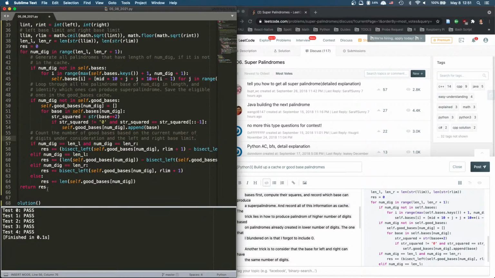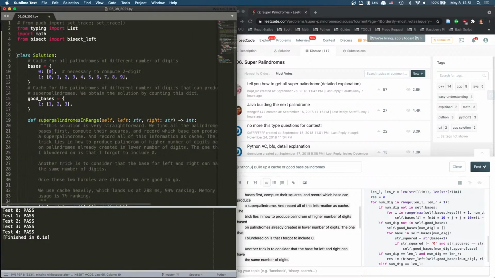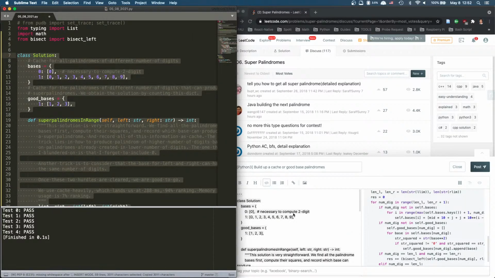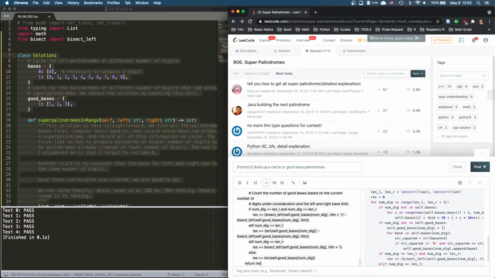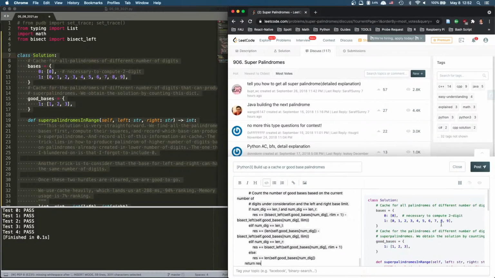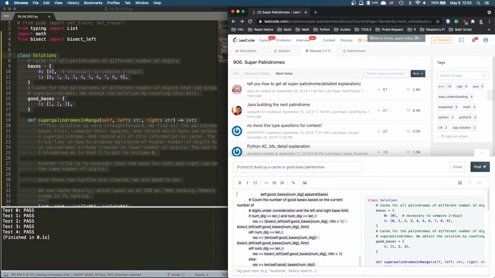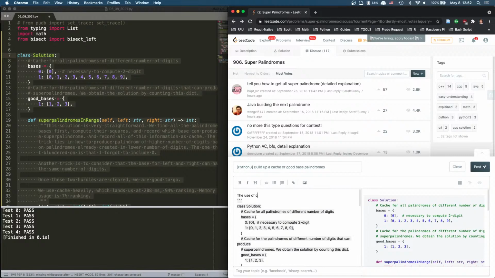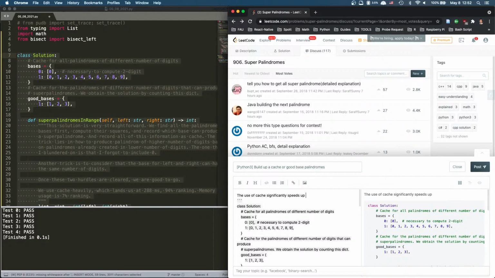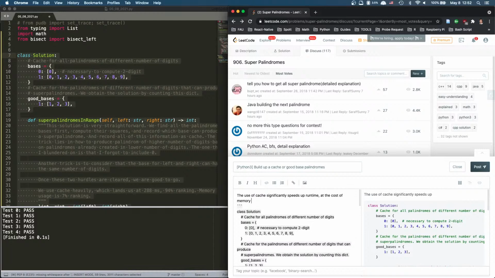Yep, I think this is a better one to explain. Alright, I'm going to do that again. I think with this, there's no need for me to write anything. The use of cache significantly speeds up runtime at the cost of memory usage, of course.